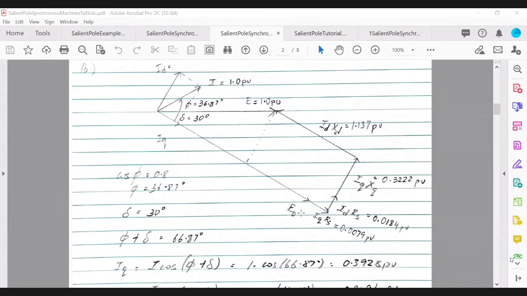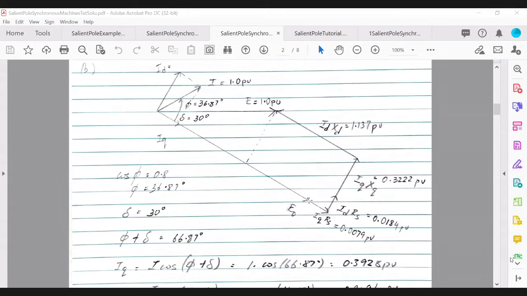Okay, so in the initial case, when we were neglecting the stator resistance, the value of E naught, as I explained earlier, was E cos of delta, and then you added only I dxt there, right? So that was the initial way of working out E naught. But now, as you can see, you add E cos of delta to get this section, and then you need to add only this portion.